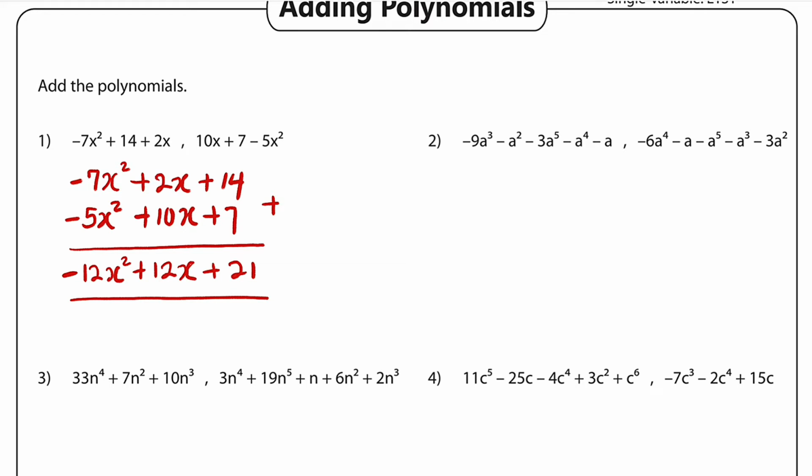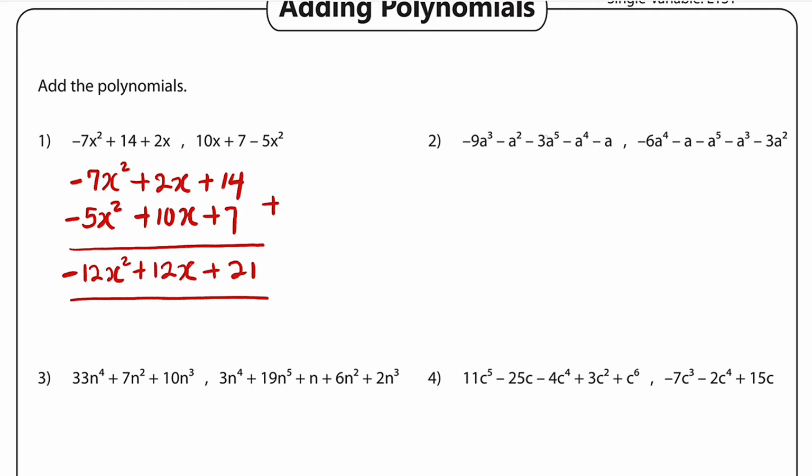The second question, we want to add this polynomial to this. Let us detect the polynomial with the highest degree. They both have degree of 5. So it doesn't matter. We can start with either one. Let me start with the first one.